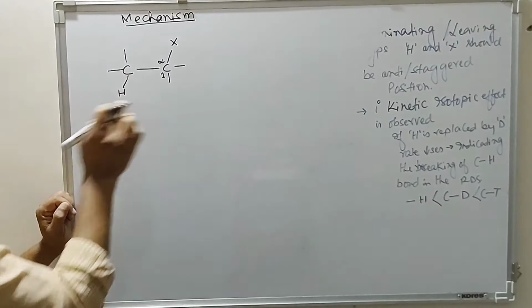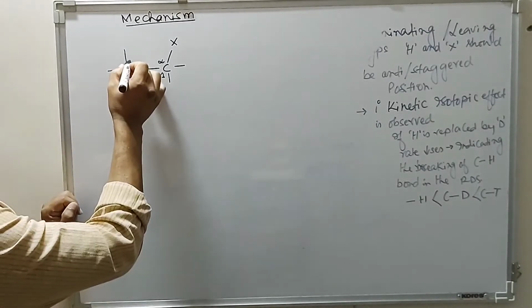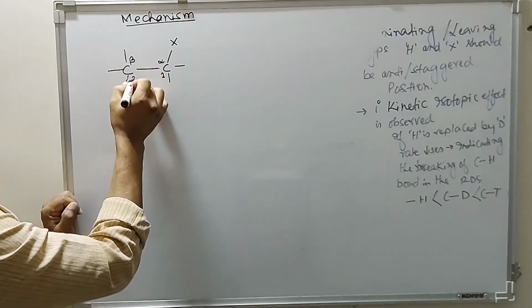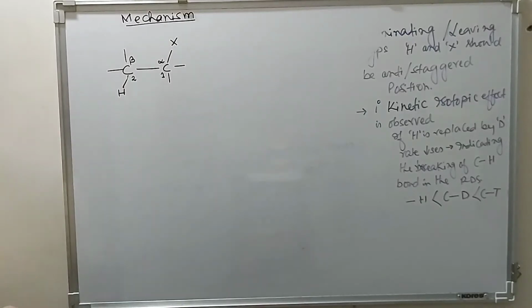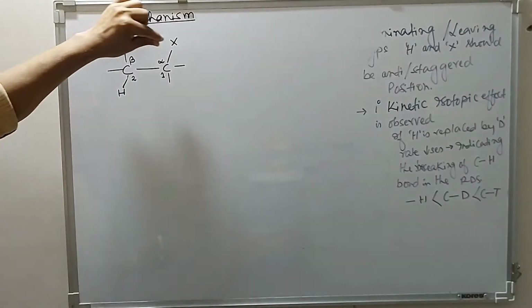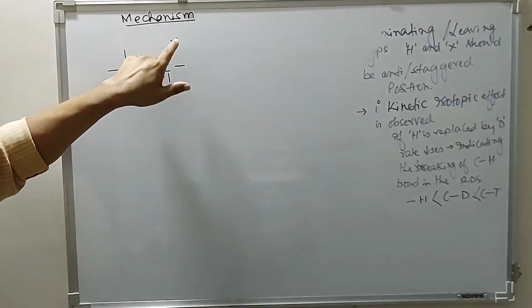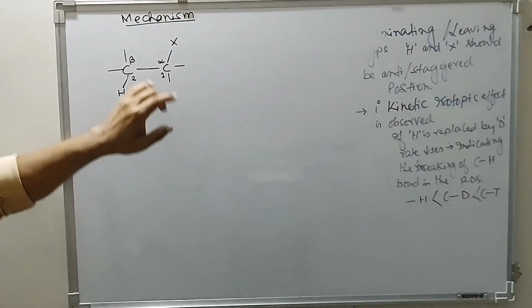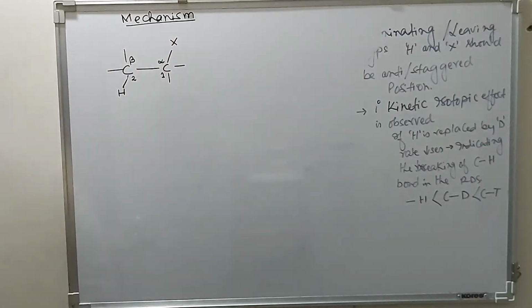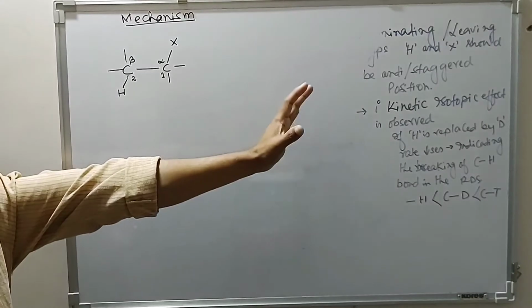The carbon from which hydrogen is to be removed is known as beta carbon or 2 carbon. Since hydrogen and halogen are leaving from 1 and 2 positions, this is known as 1,2 elimination or alpha beta elimination. In other literature, the word alpha is removed and it is simply known as the beta elimination.